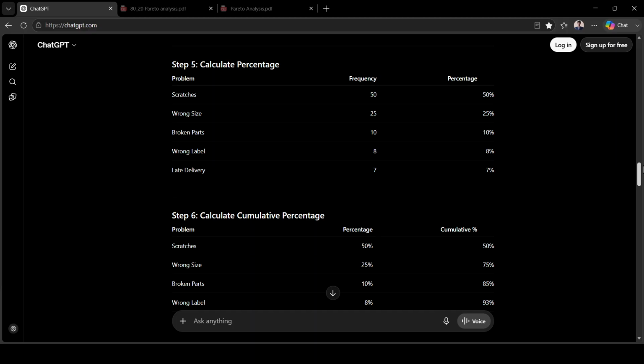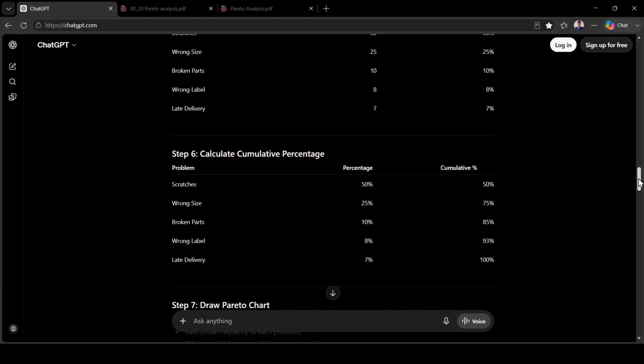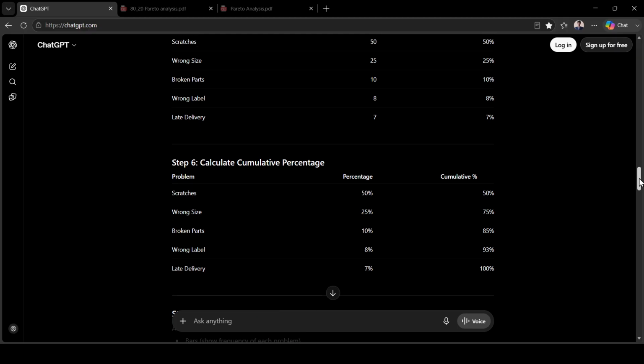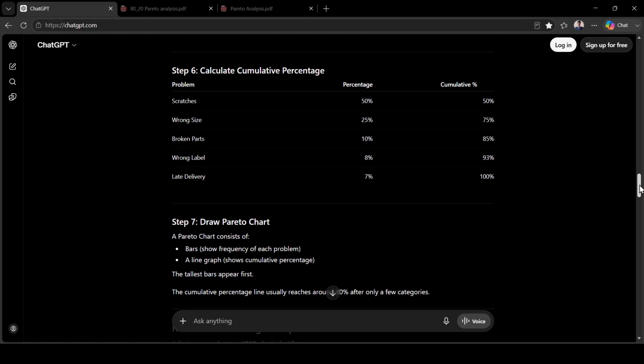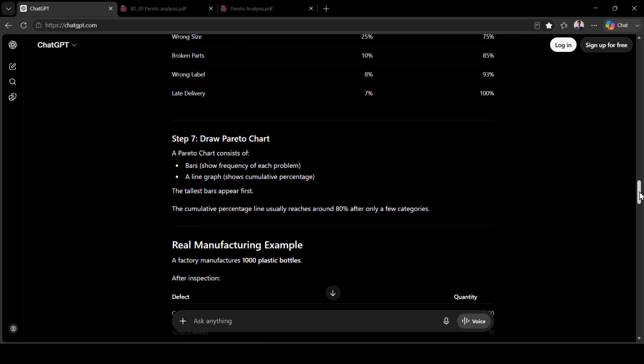Step six, calculate the cumulative percentage. Scratches 50%, wrong size cumulative 75%, broken parts cumulative 85%, wrong label cumulative 93%, late delivery 100%.